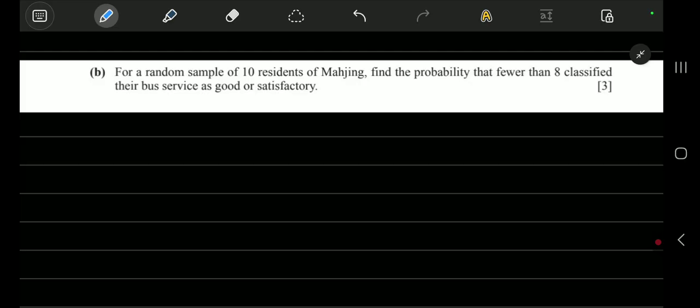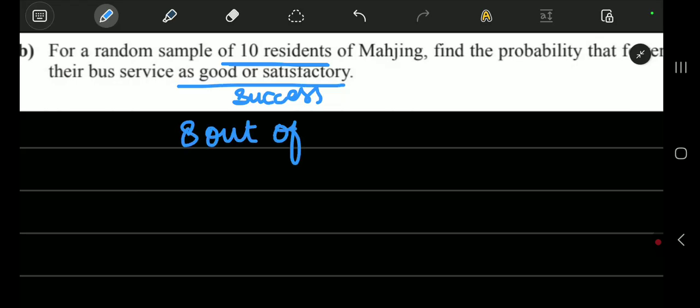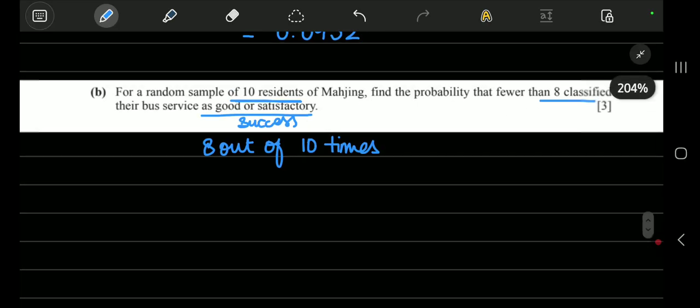Now you have 10 residents as sample, which means out of 10, fewer than 8 classified their bus service as good or satisfactory. Good or satisfactory is your success here, and your success is happening how many times? 8 out of 10 times. So clearly it's a binomial distribution question.